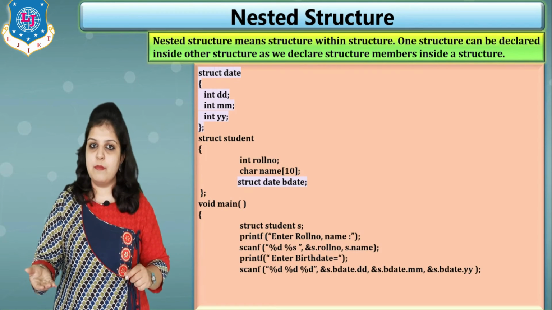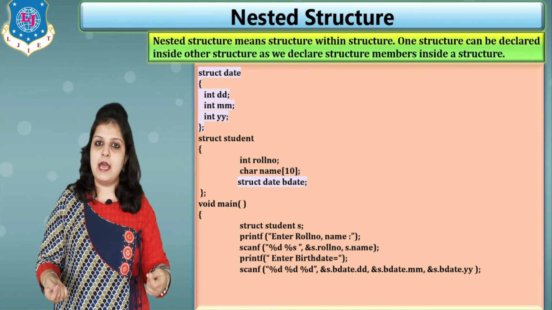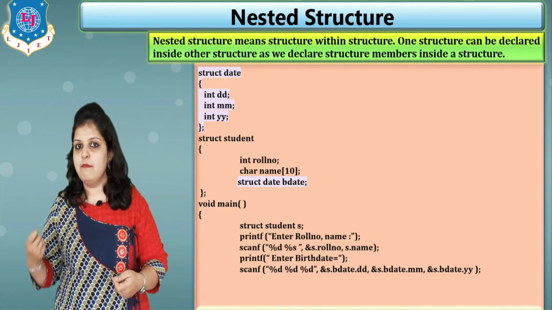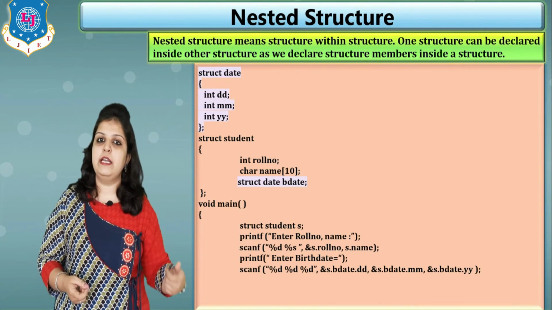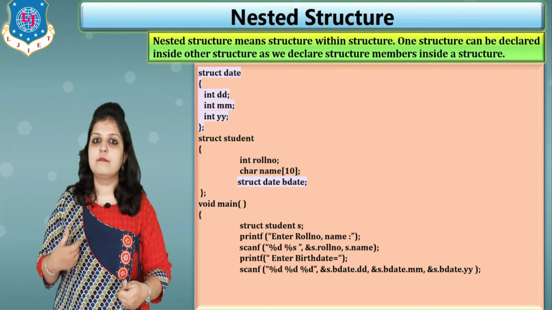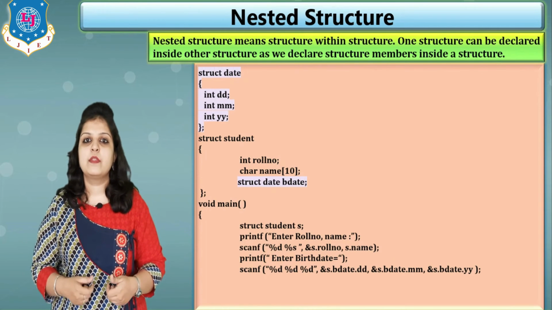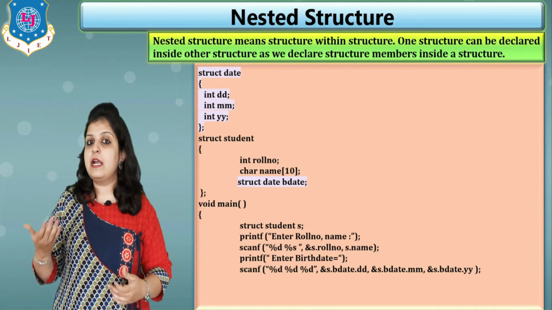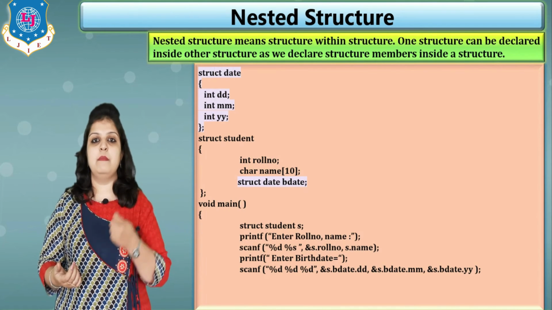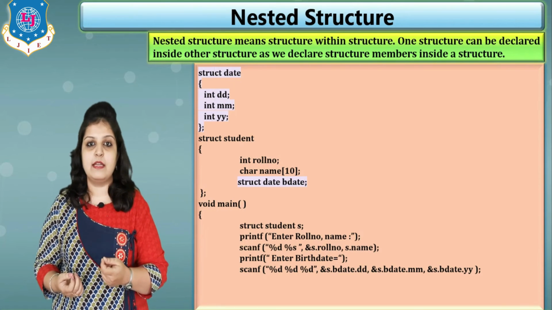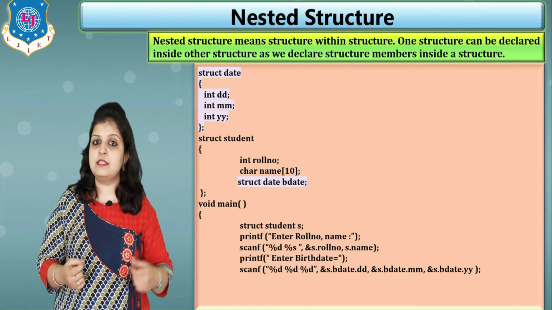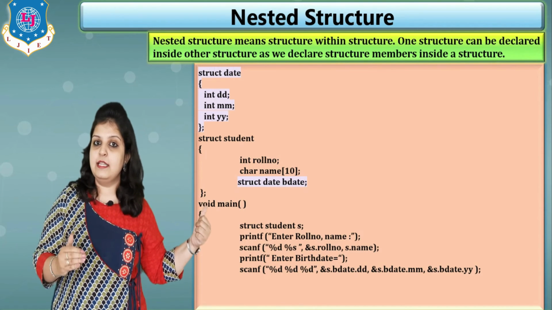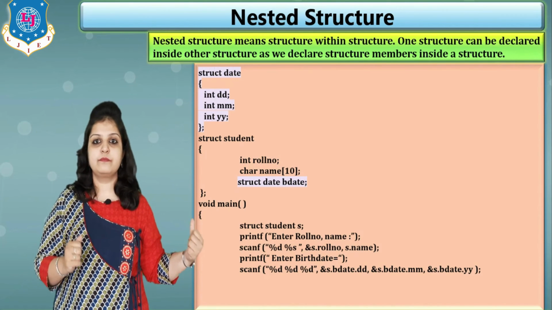Again for the second, month, ampersand s dot bdate dot mm, and for year again ampersand s dot bdate dot yy, that is year. So directly we can't write bdate dot yy. We have to use the s variable first because bdate is declared inside this structure, that's why.